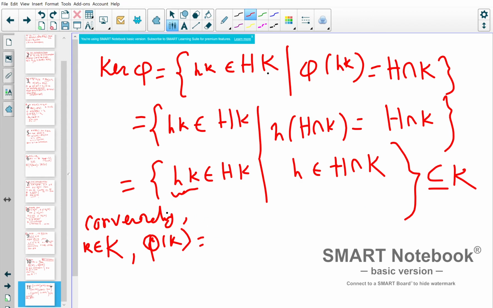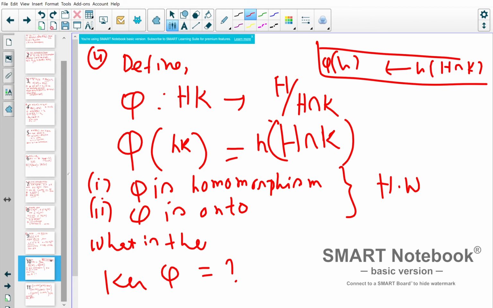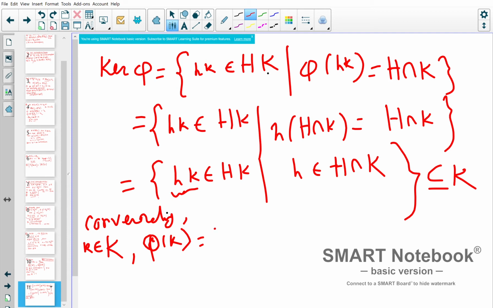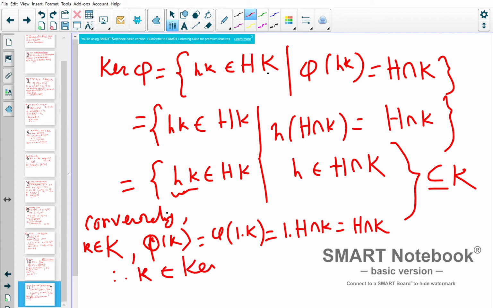Let us recall again: phi of hK is of this form, right? So you can write this as identity into K, and by definition this is 1 into HK. But 1 into HK is nothing but the identity there, right? So the image of k is the identity. That means small k is an element of the kernel of phi, or capital K is a subset of the kernel of phi, right? And thus they are the same. So K is equal to the kernel of phi.